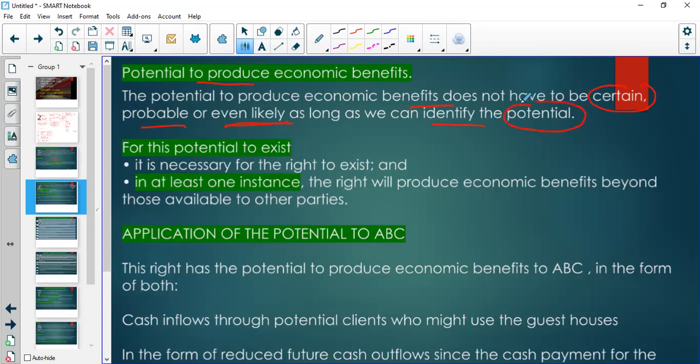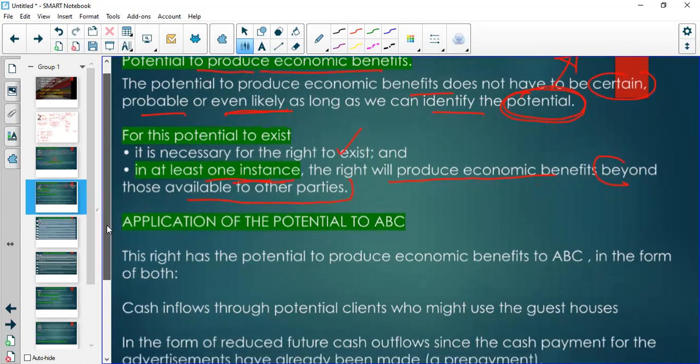What we need there is that the potential has to be there, just any potential, at least in one instance, at least some potential. Once that is there, then this potential to produce economic benefits is there. So we have a right, and in at least one instance, there is a chance that the right will produce economic benefits beyond those available to other parties.